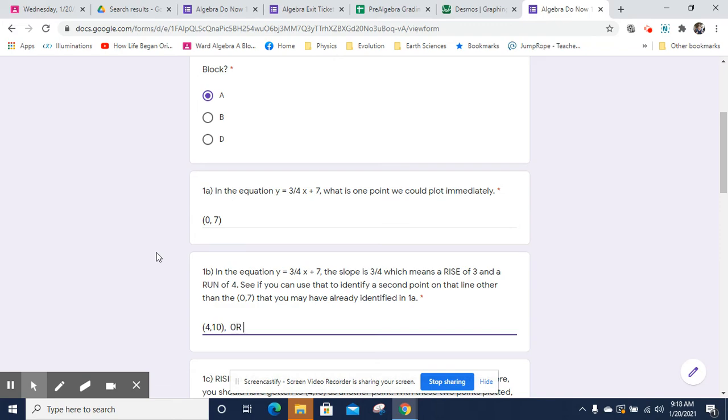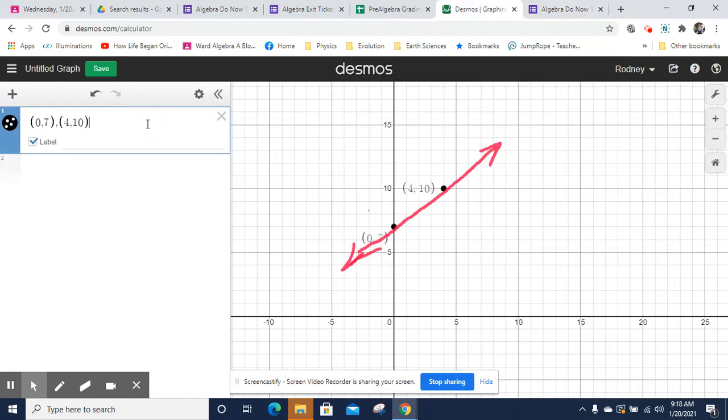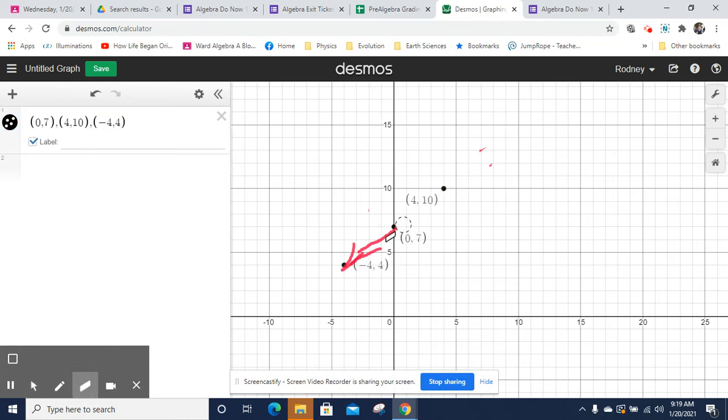Or you could have found (-4, 4), which is down 3 from 7 and back 4 from 0. So that would have worked as well. I'll go ahead and plot that too. (-4, 4), and that should be there as well. I'm going to erase all of this stuff now.